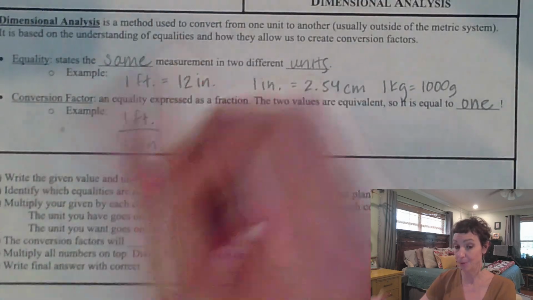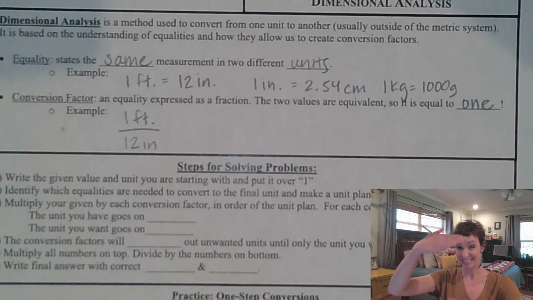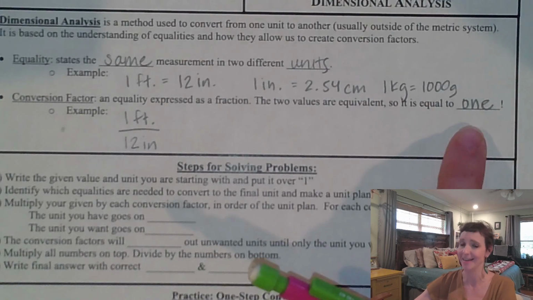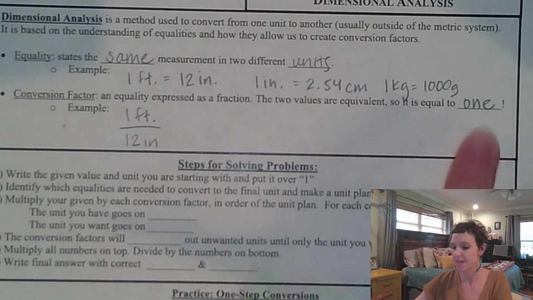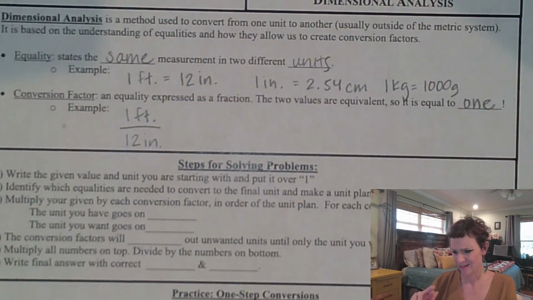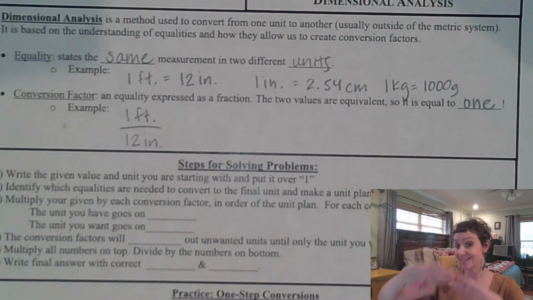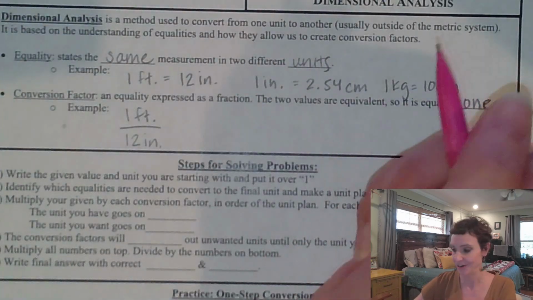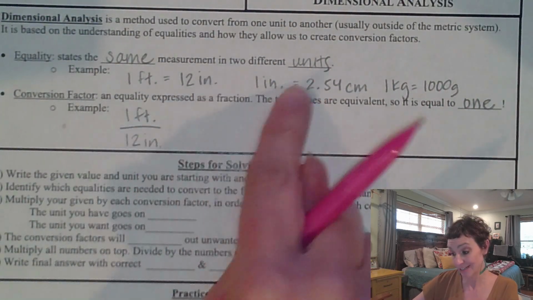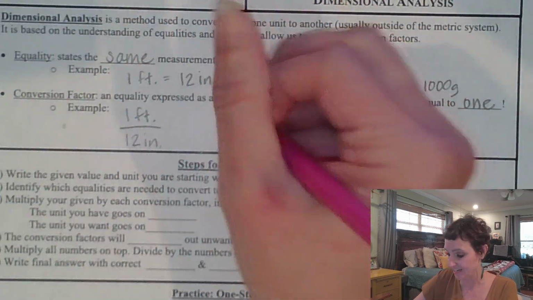Okay, so I just put 1 foot over 12 inches. Since we are saying that those two values are equal, that's what I mean when I say it is a value equal to 1. And you're like, well, why did you decide to put the foot part on top and the inches part on bottom? It actually doesn't matter. We're going to have a conversation of why the flipping is a potential thing for you to get to do here in the future. But we could also write this inch to centimeters thing as a conversion factor.